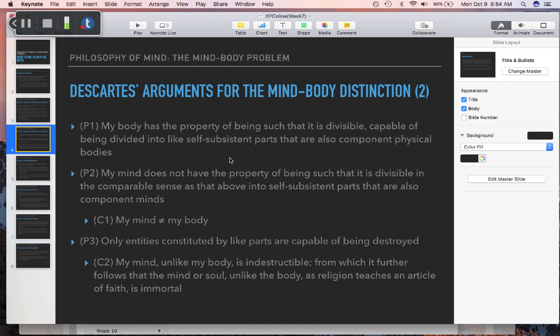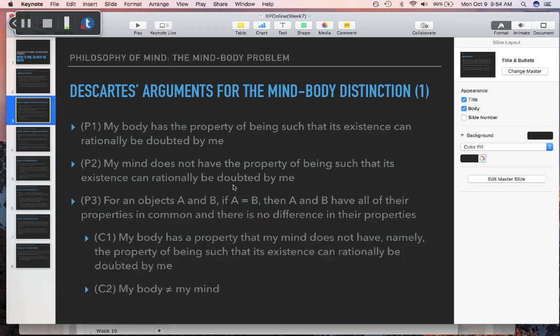Being divisible is a property that objects simply have. They have that property even if no one is around to think about them, even if they're the only thing that exists. So think of a big old block of Legos, and a universe in which only this block of Legos exists. Well, it can still be pulled apart into its individual bricks. No one has to be around for that to be possible. That's just the nature of the hunk of Legos. It's made of little component pieces, right? So that's what I mean when I say something like an intrinsic property.